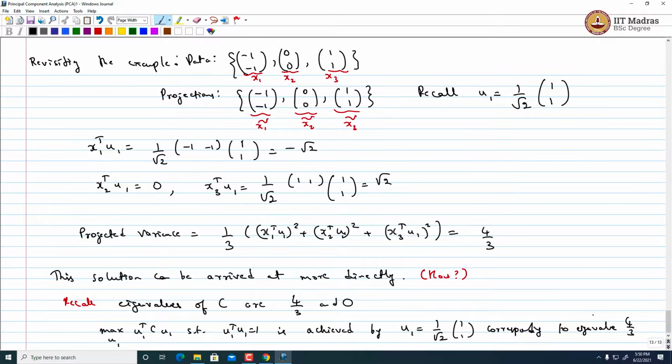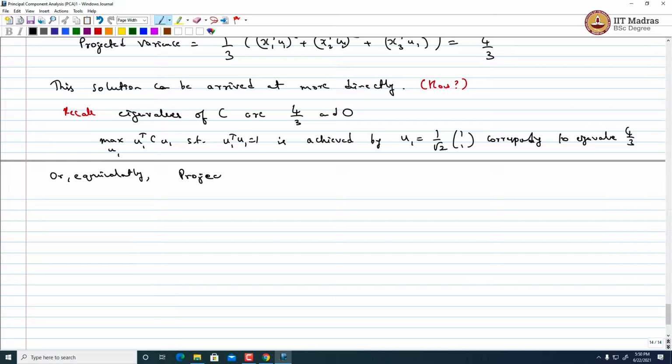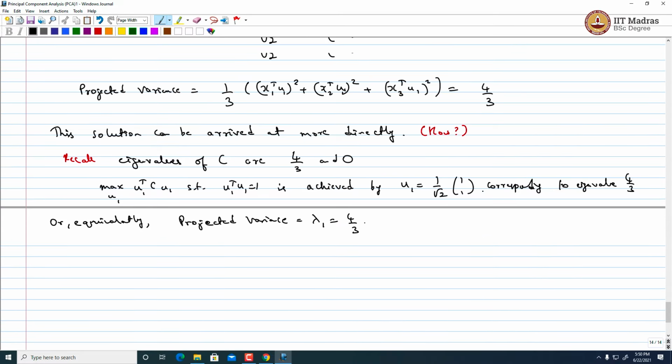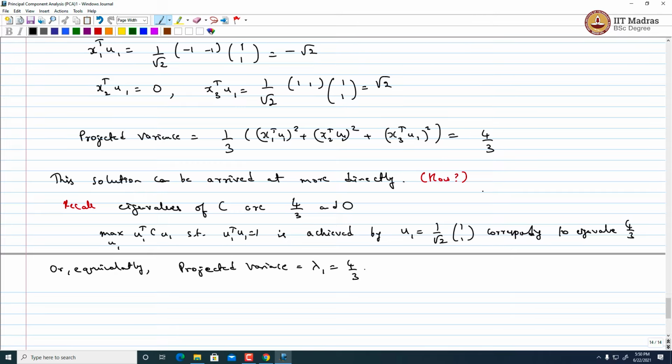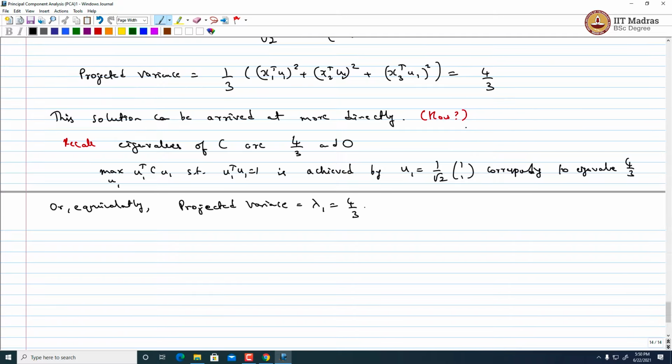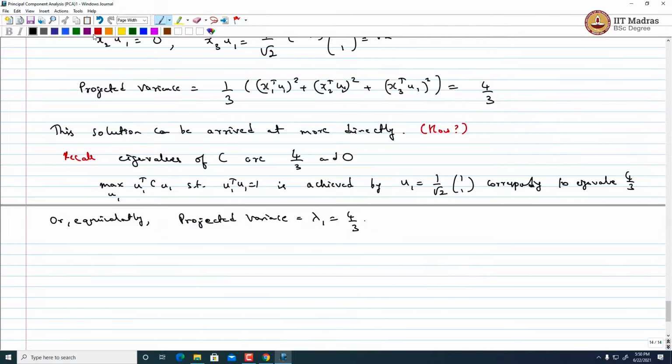Equivalently, the projected variance along a single line is just the largest eigenvalue, lambda 1 equals 4 by 3. So think about this. Go back to the derivation and you'll understand that it's just the largest eigenvalue that comes into play.